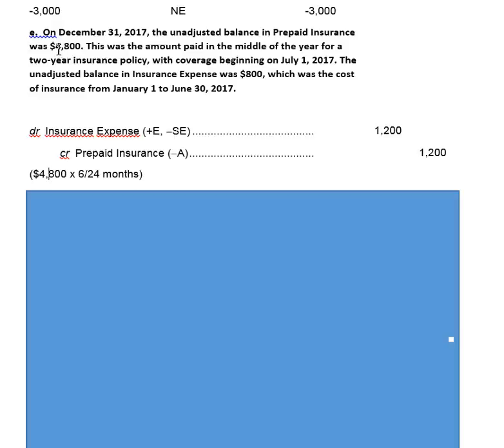If that represents 24 months, then 6 months of 24, that 6 months is from July the 1st to December 31st, 2017. So we're going to debit insurance expense for the last 6 months of 2017, $1,200, and we're going to reduce our prepaid from $4,800. We're going to reduce it by $1,200.